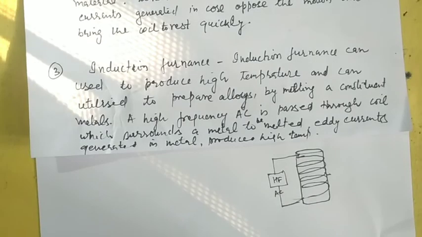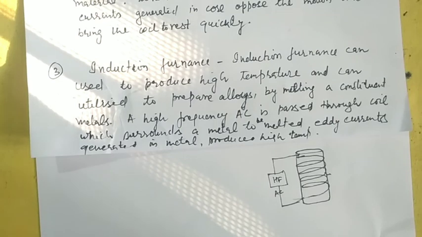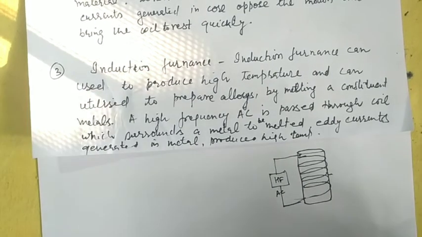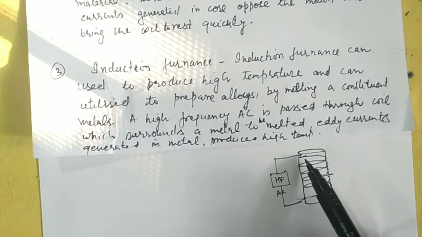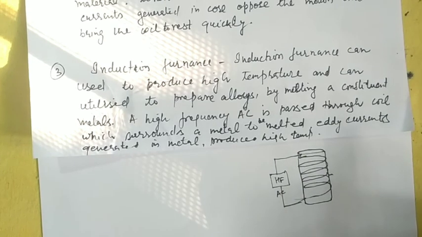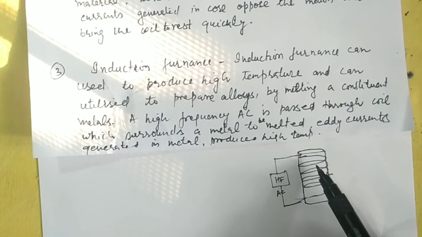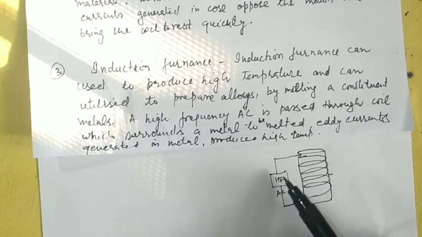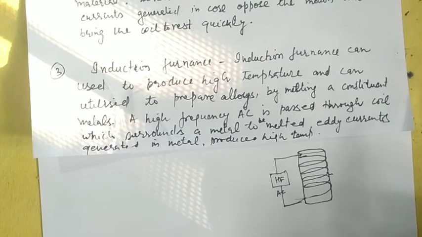The next application is the induction furnace, which can be used to produce a high temperature and can be utilized to prepare an alloy by melting constituent metals. We wrap a large number of turns of laminated copper wire over the metal which we want to melt, and through this laminated wire we pass a high frequency AC supply.